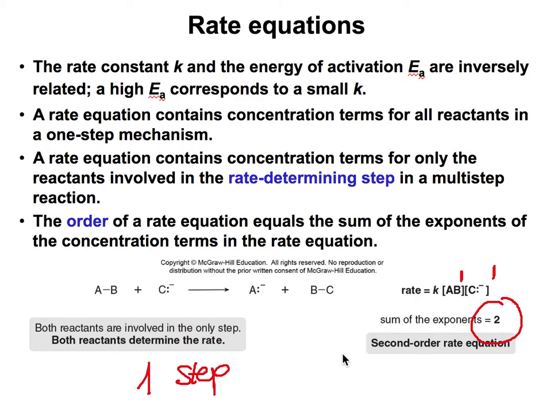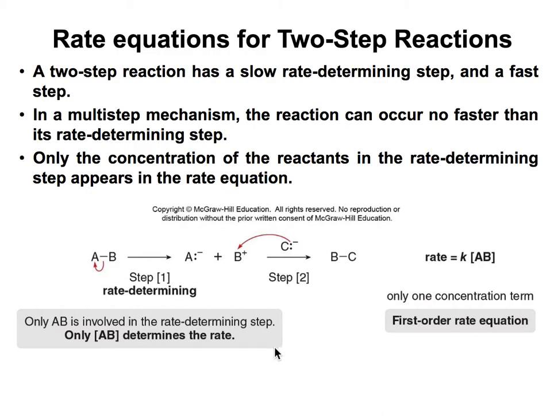I know it's kind of counterintuitive: we have a reaction that happens in one step, but the rate of the reaction is 2. But it is because all the reagents involved matter. On the opposite, when we have a two-step reaction, remember we talked about one of the steps being rate determining.